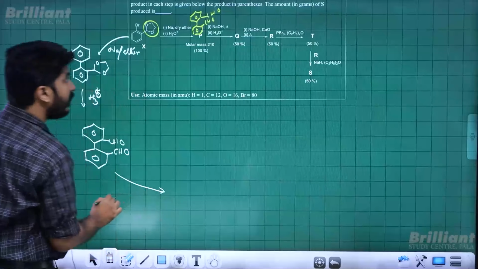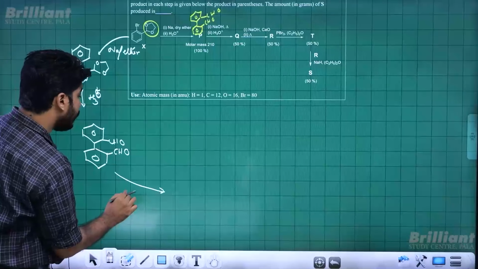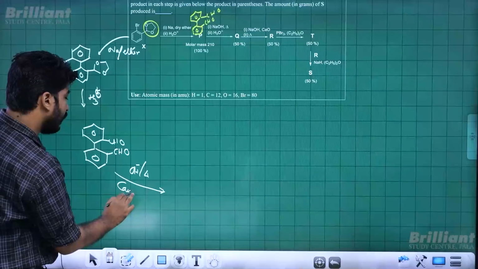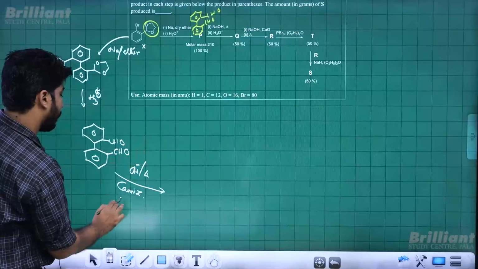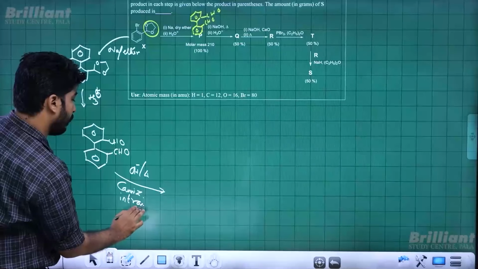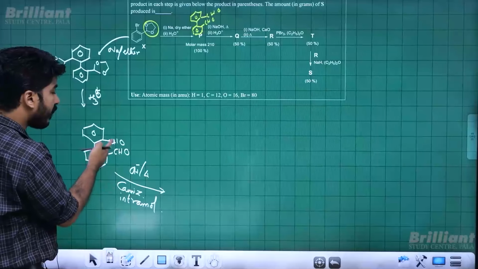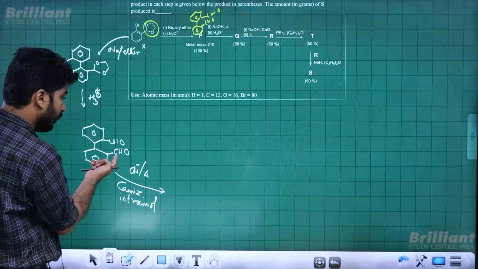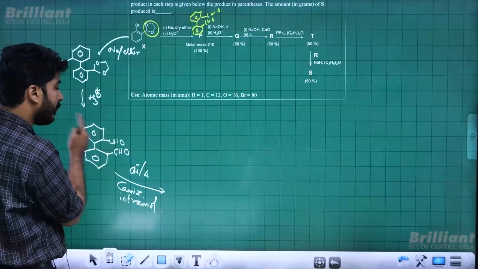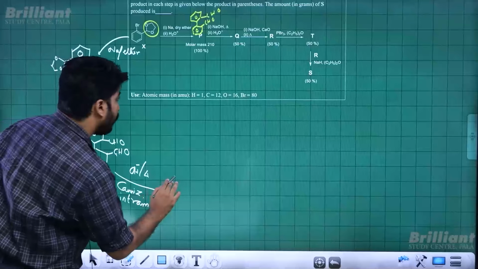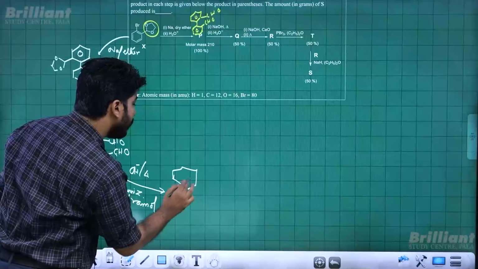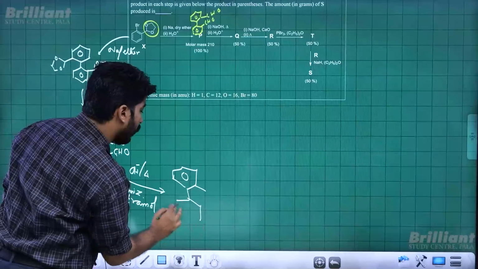Now this is treated with NaOH under hot conditions. So OH minus with heat will give an intramolecular Cannizzaro reaction here. Hydride will be transferred from one aldehyde to the other aldehyde. So this becomes carboxyl and that becomes alcohol. Followed by acidification, it will give us the COOH unit.